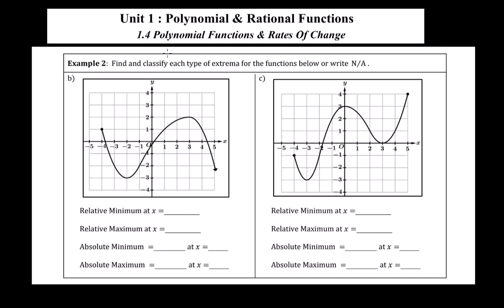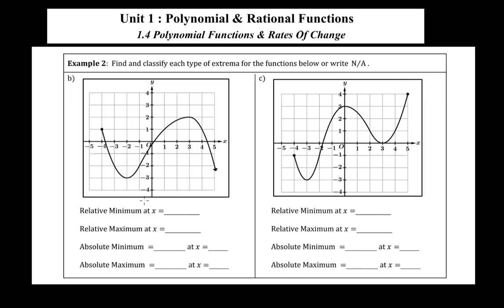So now it's the same question, but a different one because it has parts A, B, and C. Now we have this type of graph. You can see this graph on the left has an ending point, but on the right side it's extending all the way. So what is the relative minimum?